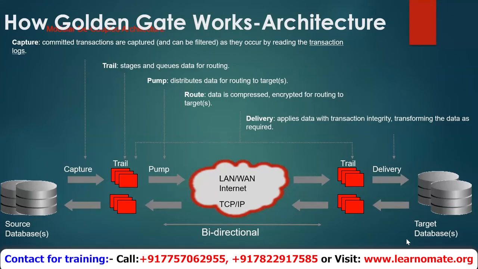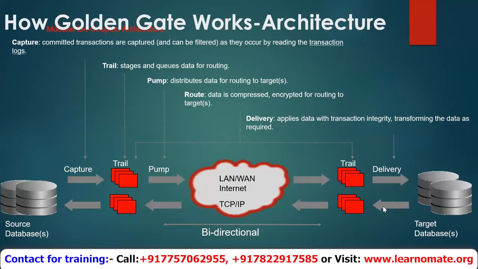In bidirectional, I always say one thing: bidirectional is nothing but two-way unidirectional. Just like you configure unidirectional replication from site A to site B, similarly do a unidirectional configuration from site B to site A, but with some considerations. We discussed those considerations during the training, but bidirectional is nothing but two-way unidirectional with some considerations.